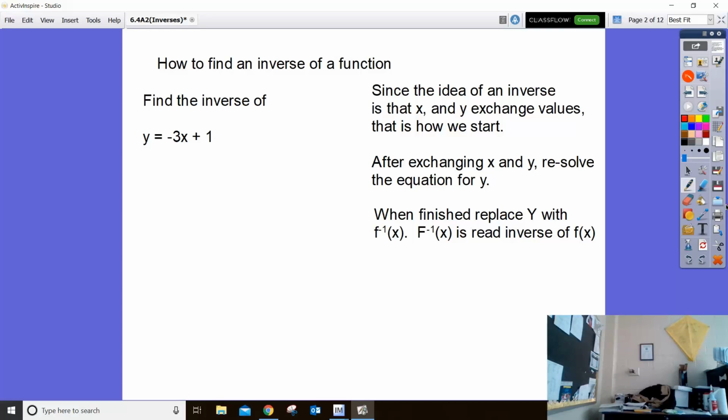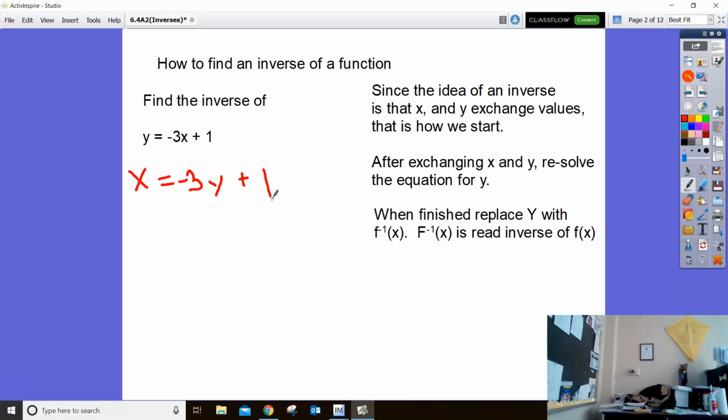So I'm going to swap x and y. What's that y going to become? X. It just becomes x. Equals -3. There's an x. What's it become? Y. That's 1. And then you resolve for y. Now we don't write f of x in here because I just make it look up here. What are you going to do?